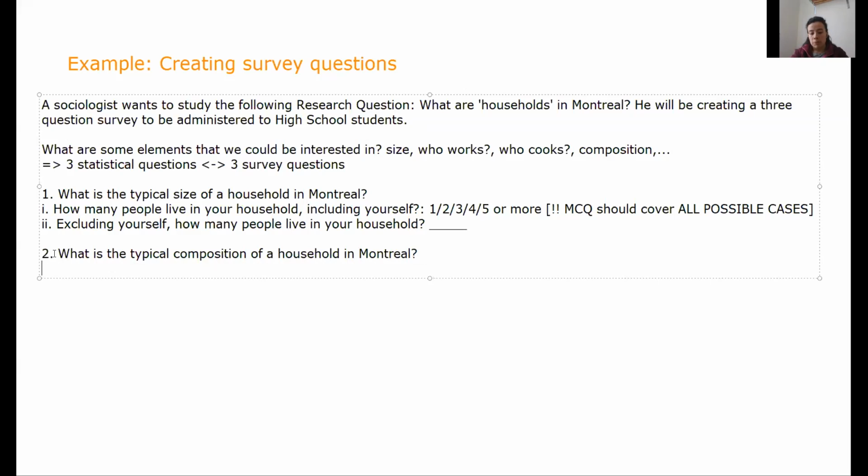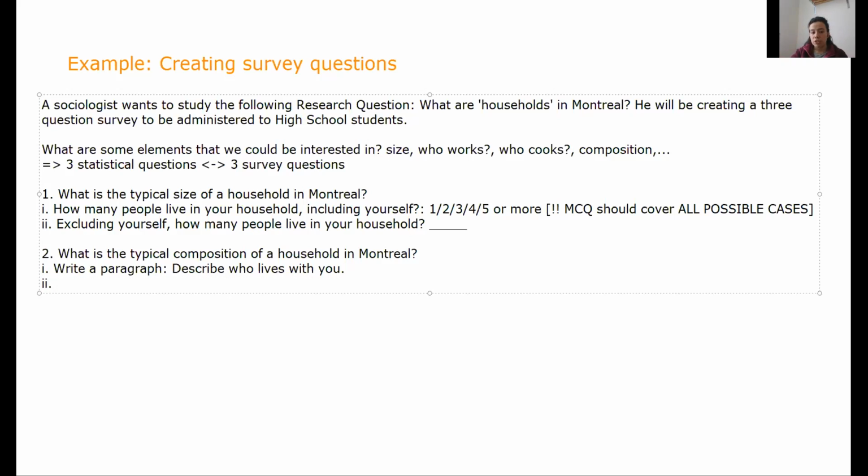Of course we need to keep in mind that this is a survey being administered to high school students, so in formulating the questions, that's something we're going to have to consider. One option is to say, write a paragraph, describe who lives with you. That means a person would be given a box in which they would answer this question, who lives with you, and that's it.